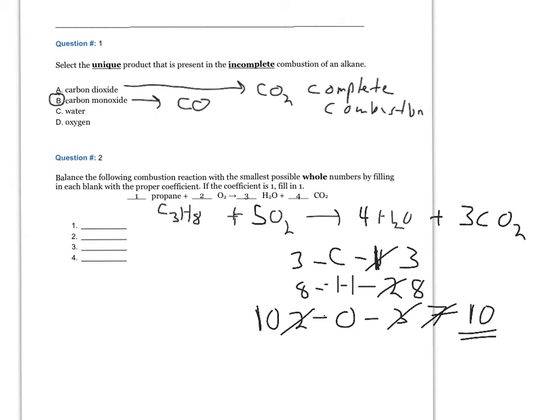That equation is balanced. So to answer the question, you would have 1 mole of propane reacting with 5 moles of oxygen, making 4 moles of water and 3 moles of carbon dioxide. So 1, 1, 5, 5, 4, 4, 3, 3.